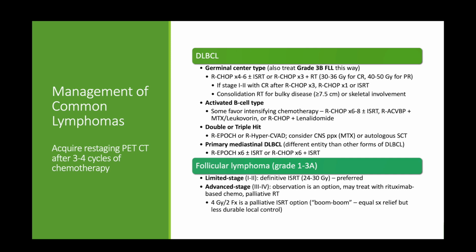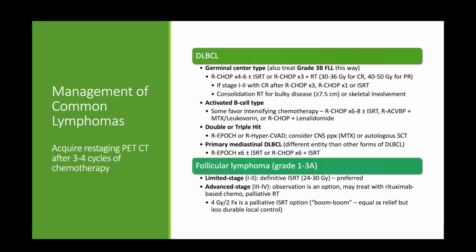And for non-Hodgkin lymphoma in particular, the advent of rituximab, which is that anti-CD20 antibody, has been critical in improving outcomes for lymphoma. So we'll talk about this more in detail when we get into the evidence lecture in the next talk. But just as a little bit of background, the standard chemotherapy used to just be CHOP, and we'll talk about what all of those drugs are here in a minute.